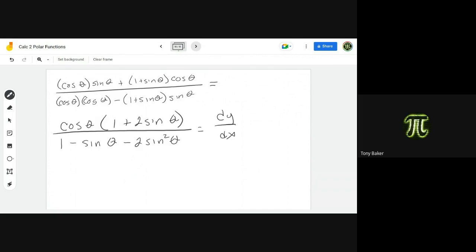So that means when my numerator is 0, it's going to give me a horizontal tangent. So to find my horizontal tangents, I set my numerator equal to 0. To find my vertical tangents, I do what? Right, the denominator equal to 0. If they are both 0, it is undefined. It doesn't work.